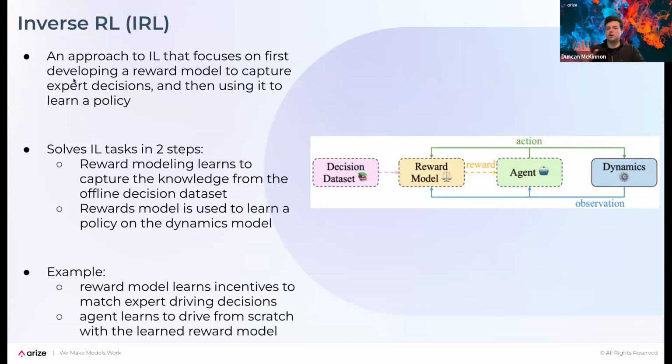Instead of training the agent's decisions directly off of a decision data set from an expert, you're training the reward model, as a standard machine learning problem, to give rewards based off of the decision data set. You're trying to figure out what rewards would have incentivized that human to execute those behaviors, and how you capture that in a reward model.